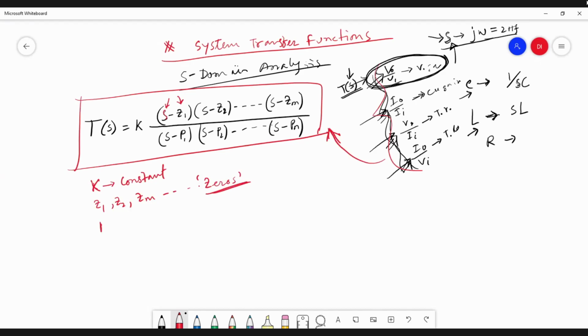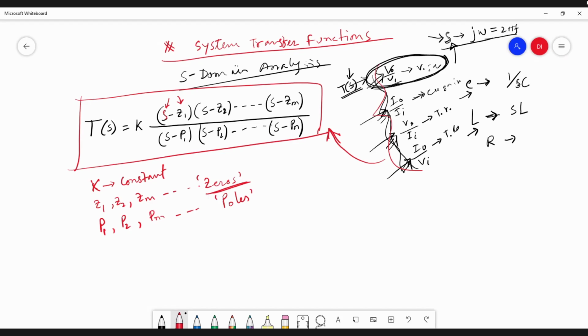And the P1, P2, Pm is called poles. P-O-L-E-S, poles. So if S is equal to P1 or S is equal to P2 or S is equal to Pn, what will happen to the transfer function?